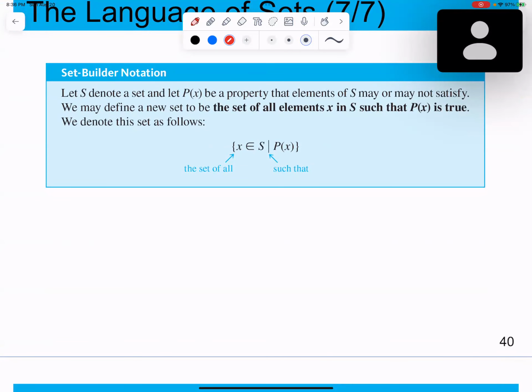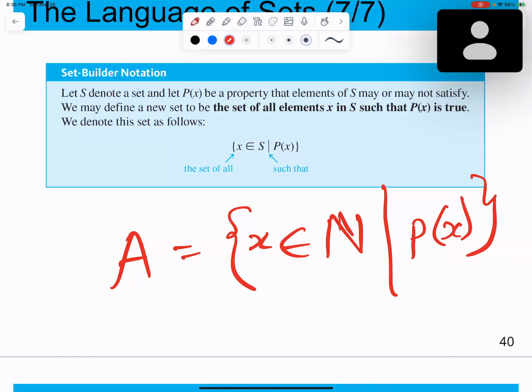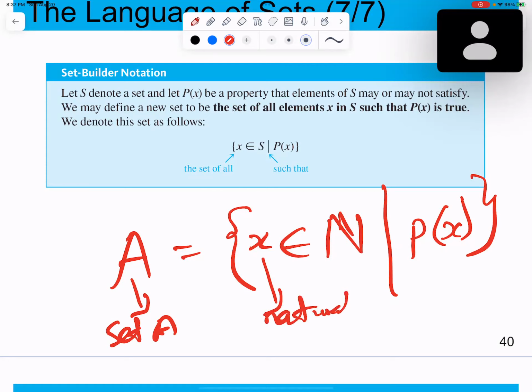Now, if you see this notation, if I write A is a collection of X in maybe N, such that P of X, what it means is that this set A is a collection of all natural numbers X, because this is for natural numbers.